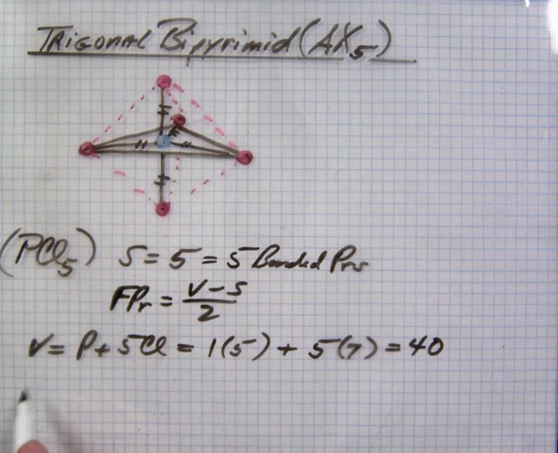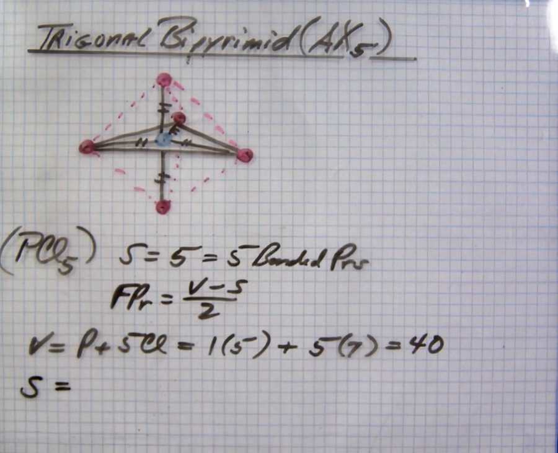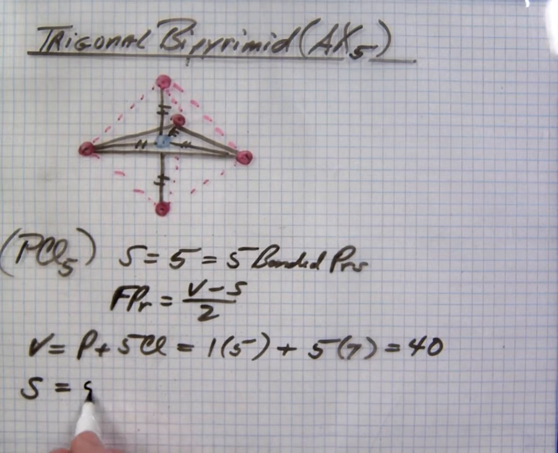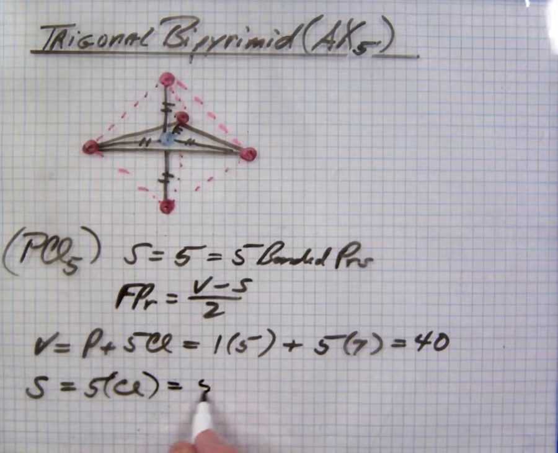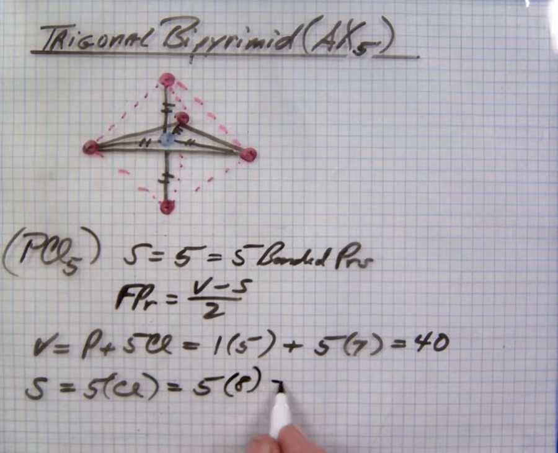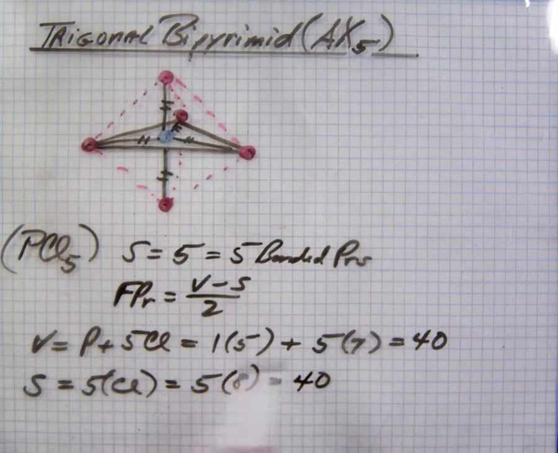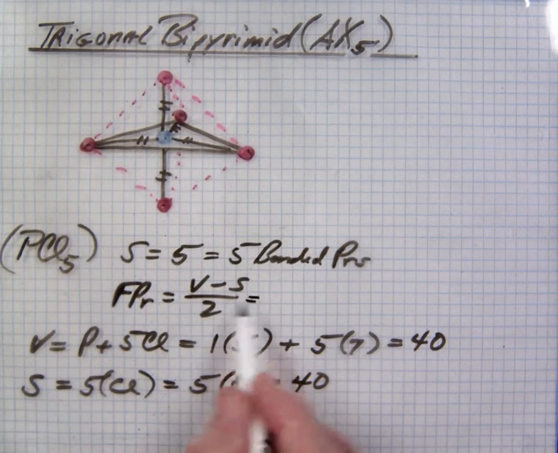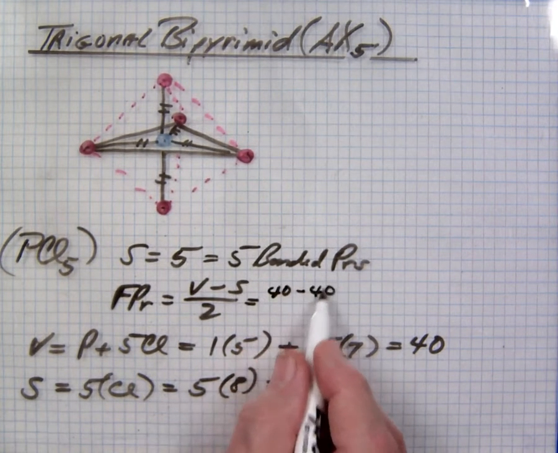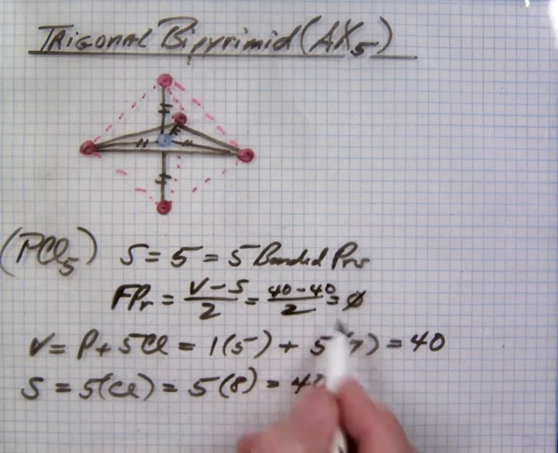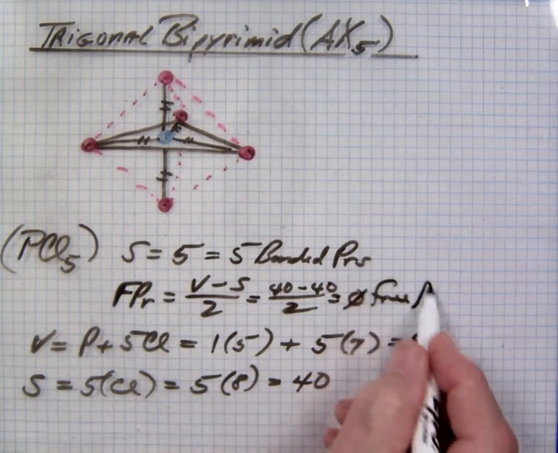Okay. Our substrate number, when all of the chlorines are bonded out, each chlorine has 8 electrons, and so that would be 5 chlorines, so to speak, and 5 times 8 is 40. And so with these we can get the free pair, if any: 40 minus 40 over 2, and this has 0 free pairs.